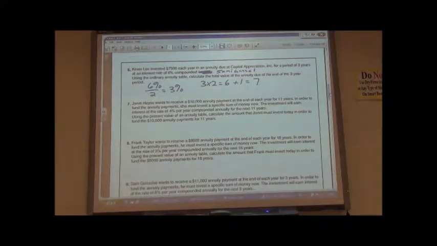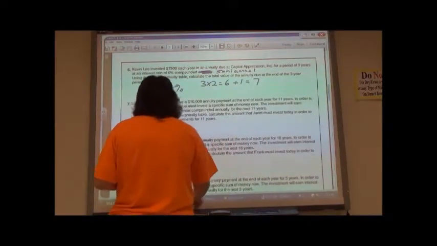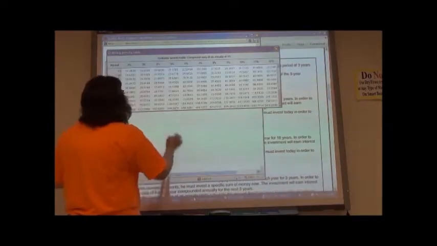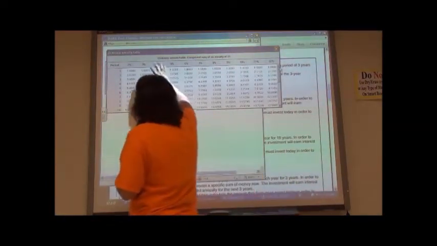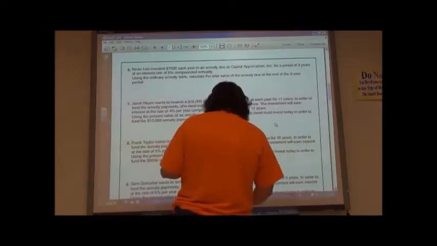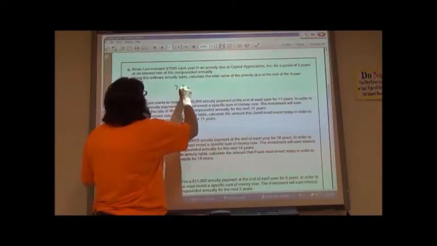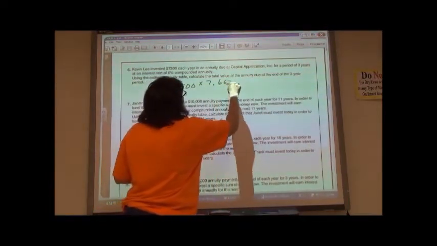So 3% 7 times. We're going to go to a table. 3% 7 times means I got to move up in my table. 3% 7 times is 7.6625. So again, we're going to take our 7,500 times our 7.6625.